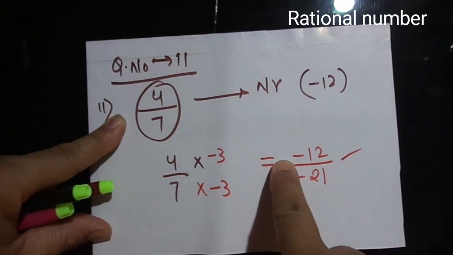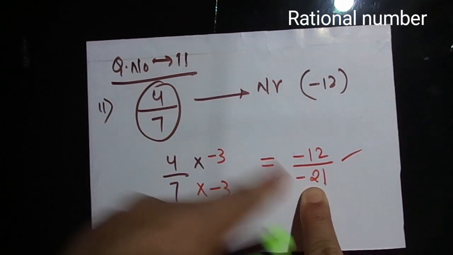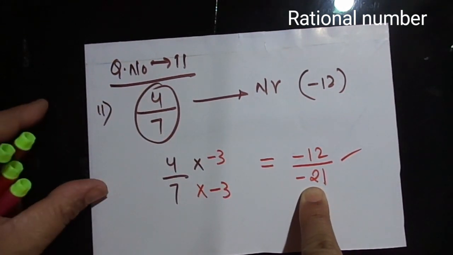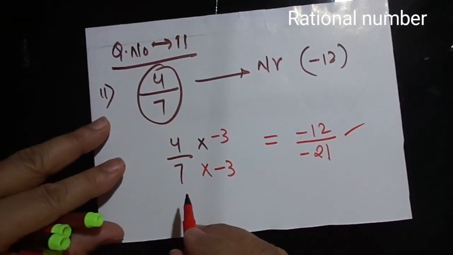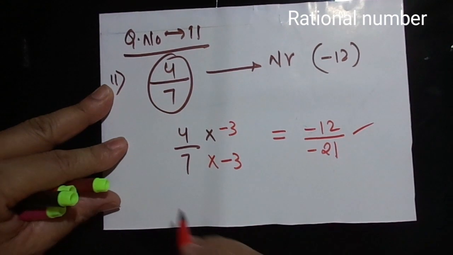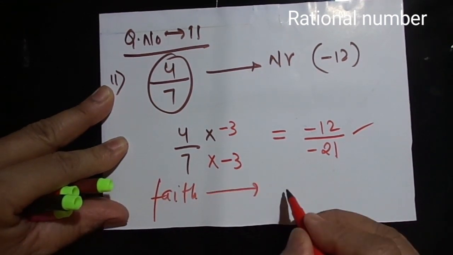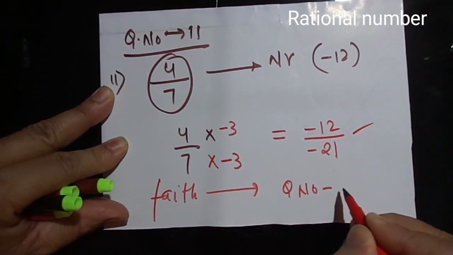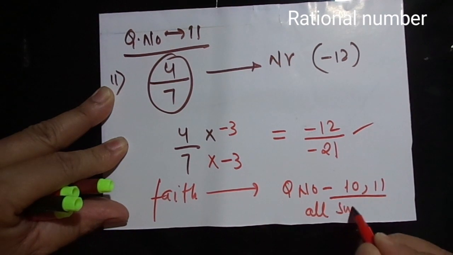Minus 12 by minus 21 is the same as 4 by 7. I have faith in you people that you can do question number 10 and 11, all the sums.